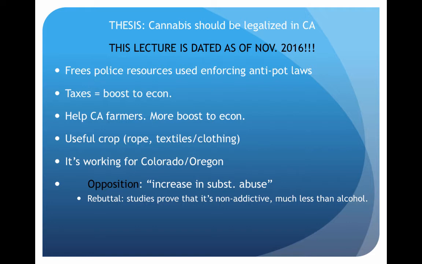So if you go down, you see these are all, what are those, 5 supporting points. Now here's the thing that's very important. You see on the 6th bullet point, we're anticipating our opposition. Okay, so our thesis is that cannabis should be legalized. Our opposition, of course, thinks it should not.